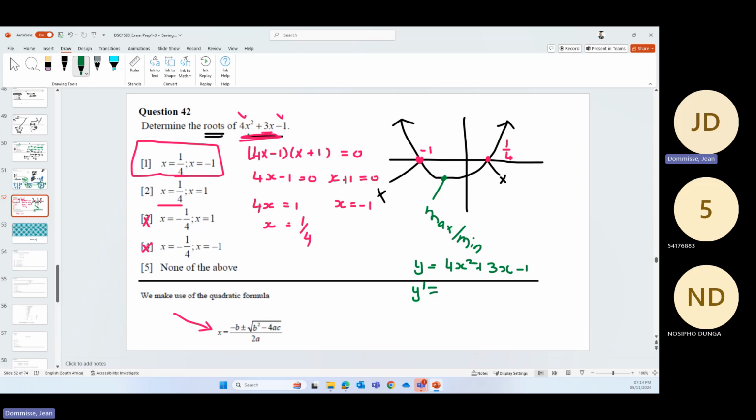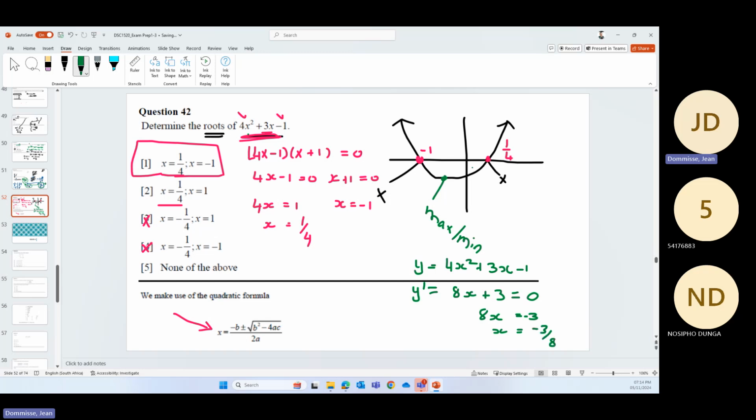That becomes 2 times 4 is 8x plus 3, which will be equal to 0. So x will be equal to minus 3 over 8.